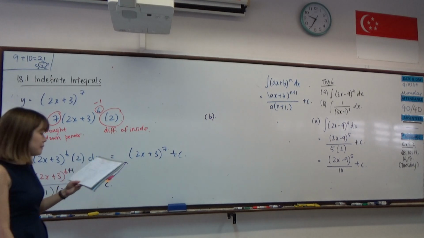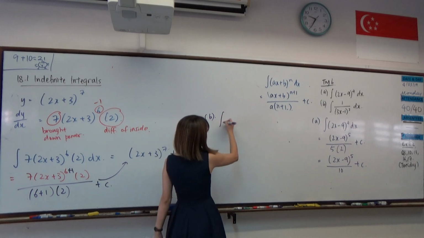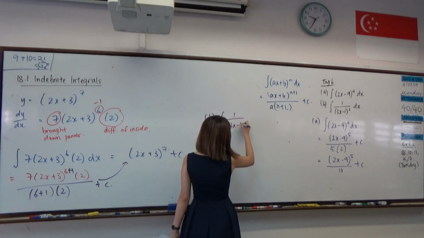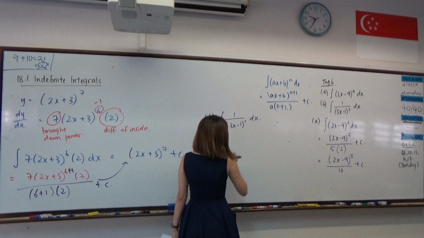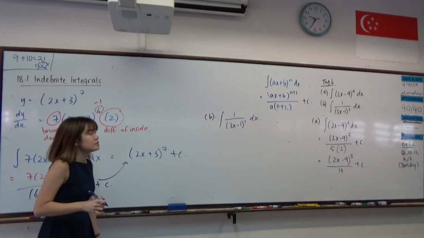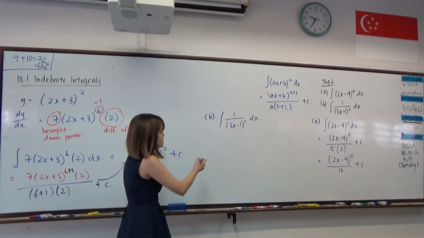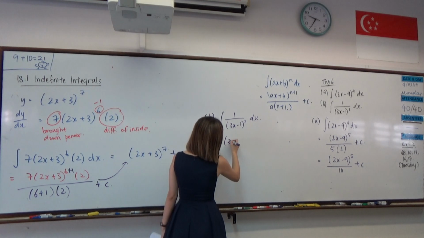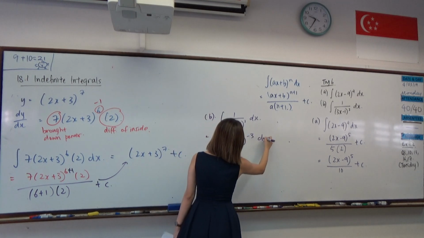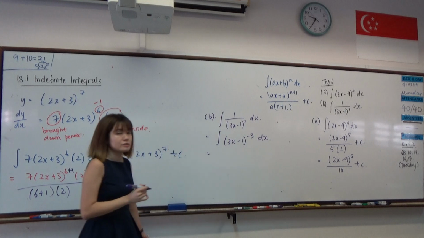Then after that for part B, if I want to integrate this, I need to readjust this expression to make it into a negative index first, so that it's easier for us to integrate.